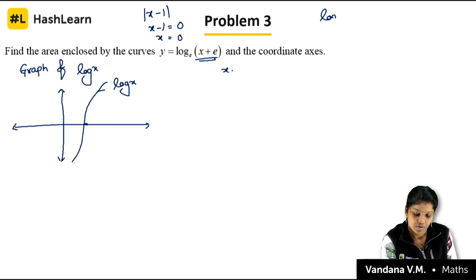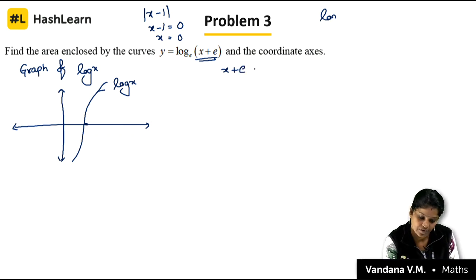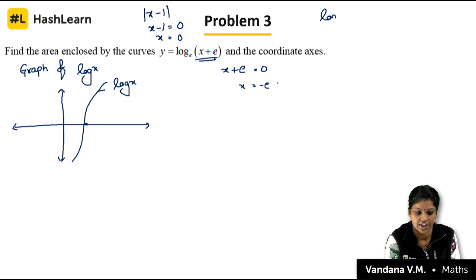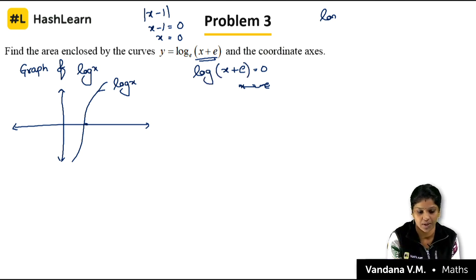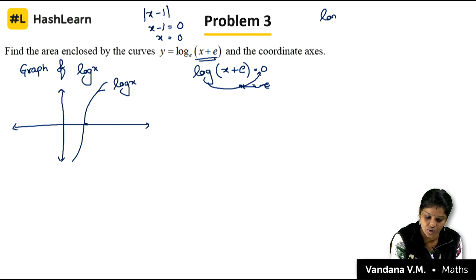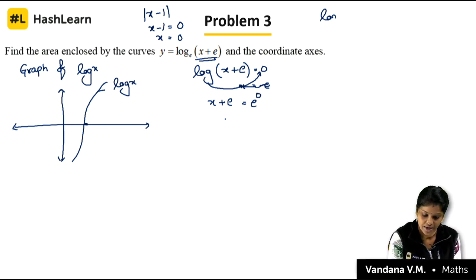Log of x plus e is equal to 0. Converting to the other side, x plus e is equal to e power 0, so x plus e is equal to 1, and x is equal to 1 minus e.